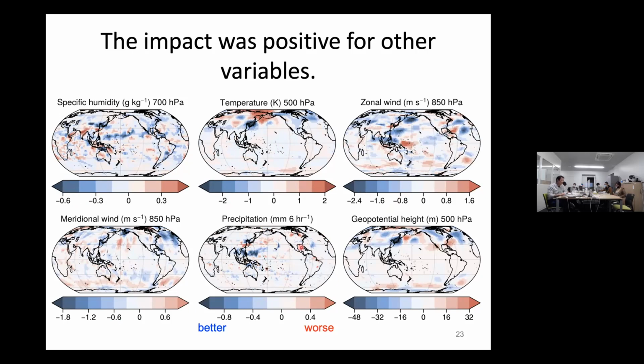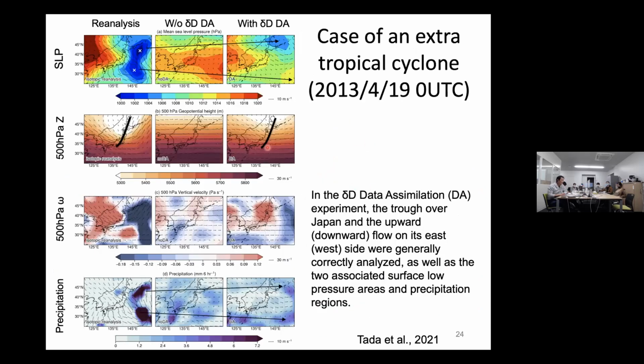And then we investigated what were the impacts in the synoptic scale events. So actually by having isotopic information, the weather was nicely analyzed. So the trough was analyzed here, and then the data assimilated fields, and circulation associated with the trough was somehow simulated, and the precipitation fields associated with low pressures were also analyzed too.